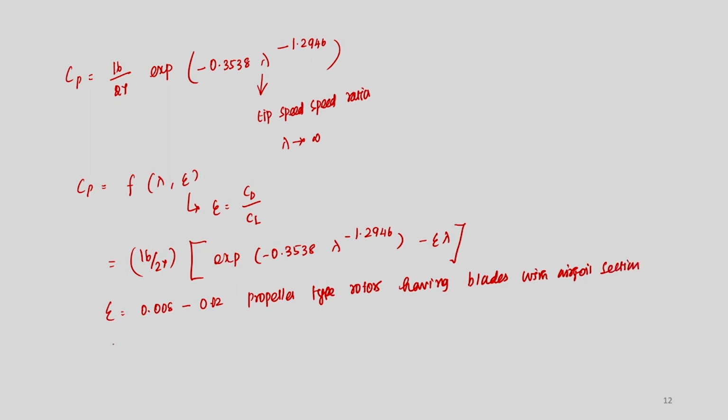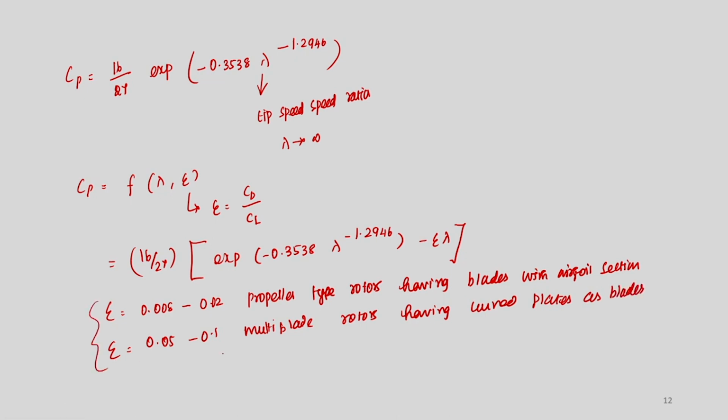It varies between 0.05 to 0.1 for multi-blade rotors having curved plates as blades. Okay, there might be certain values; this I have given as an example.